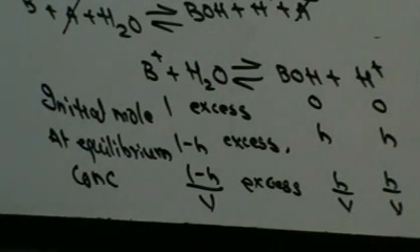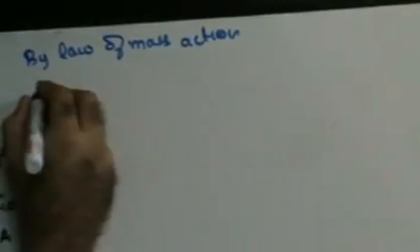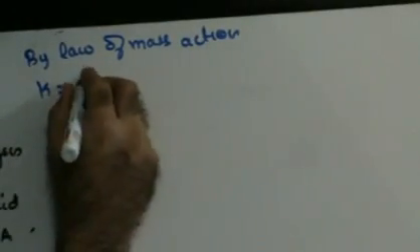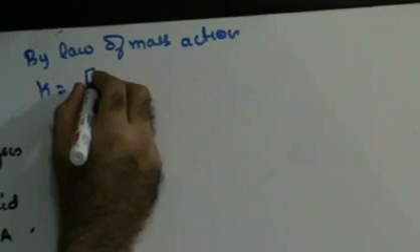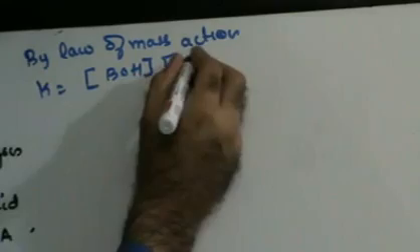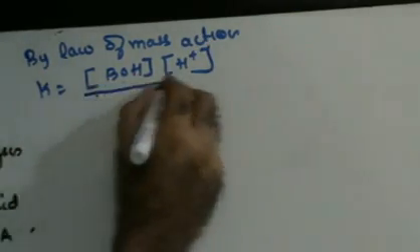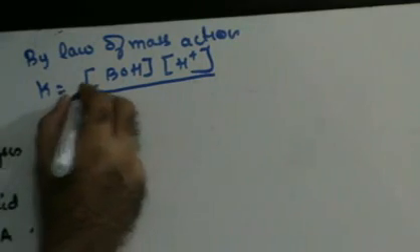Now apply law of mass action to this. The dissociation constant is active mass of products, BOH into H plus, upon active mass of the reactants, that is B plus into H2O.